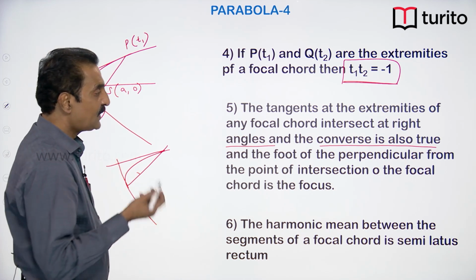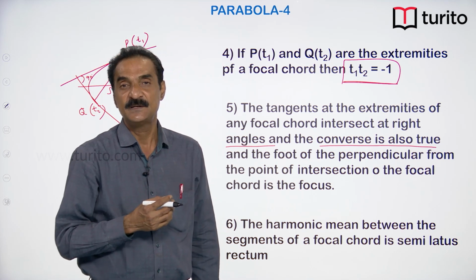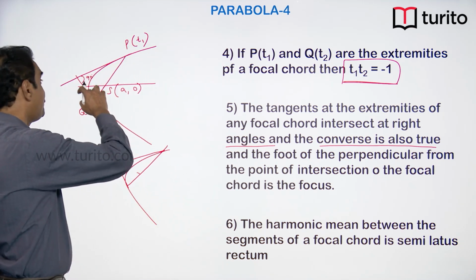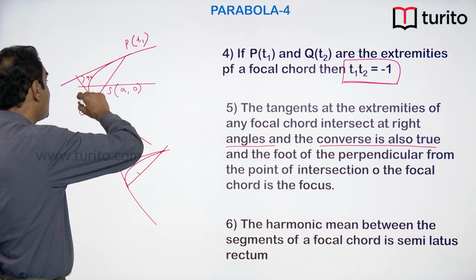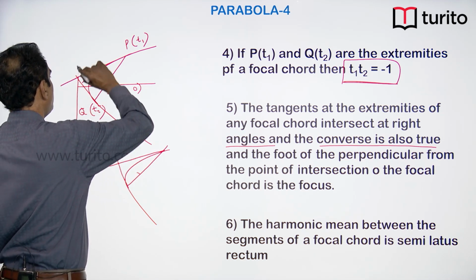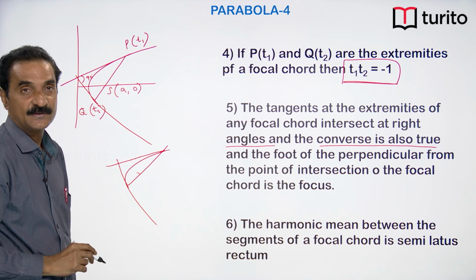And also we have discussed another point. If two tangents intersect perpendicular to each other, they intersect on the directrix. This point of intersection lies on the directrix.